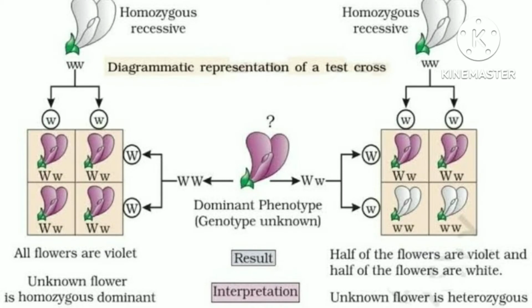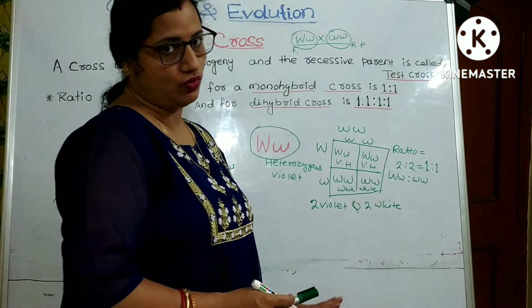If we cross the heterozygous violet with the recessive parent, we get the next generation half dominant and half recessive, in the ratio 1:1.